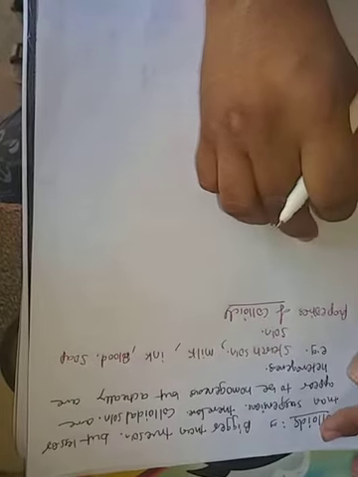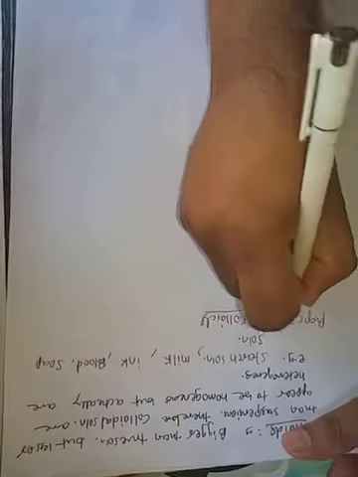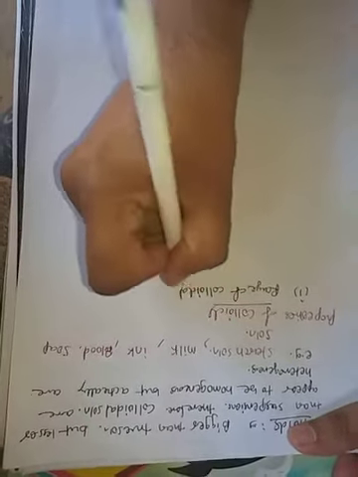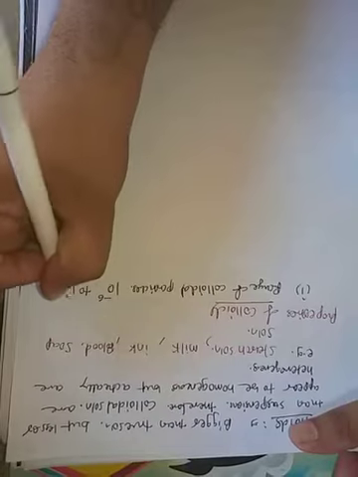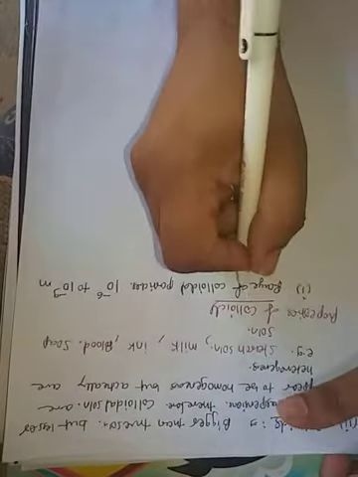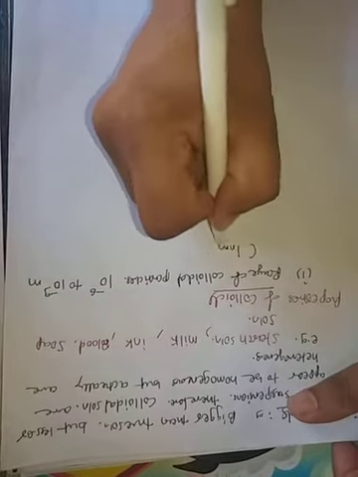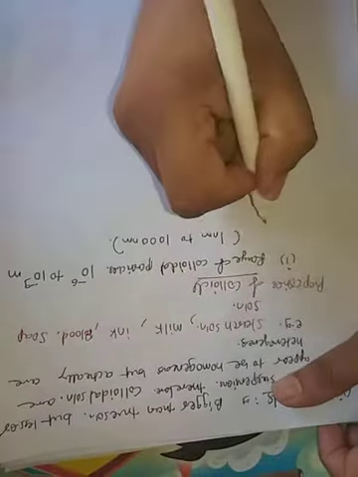The particle size is greater than a true solution but smaller than a suspension. The range of colloidal particles is 10 raised to minus 6 to 10 raised to minus 9 meter, or in nanometers, 1 nanometer to 1000 nanometers.